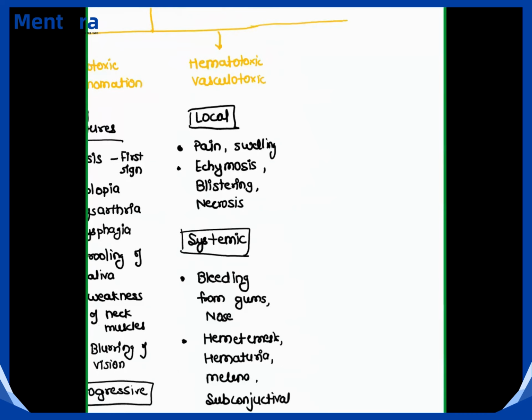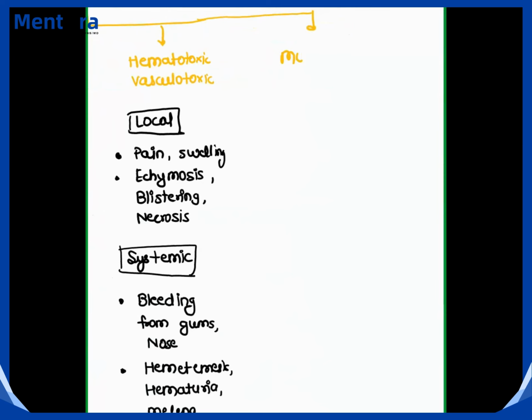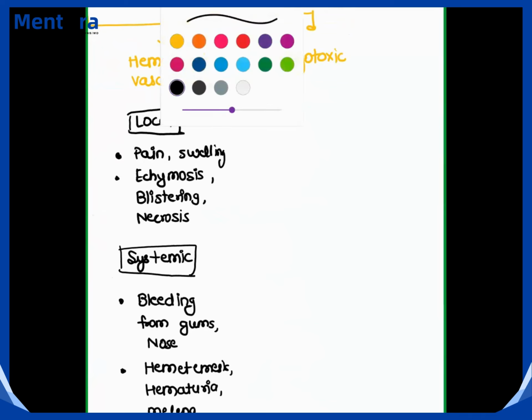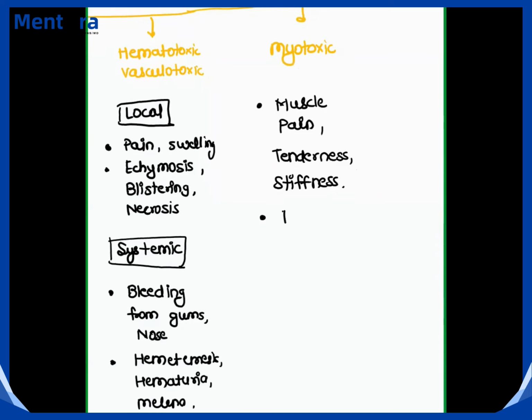The third variety, myotoxic. This involves muscles. Muscle pain, tenderness, stiffness, and that leads to dark colored urine.